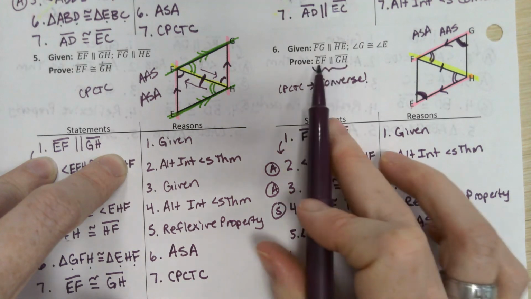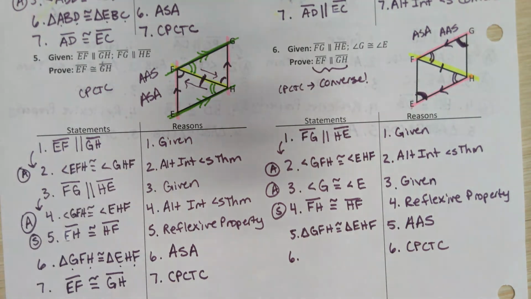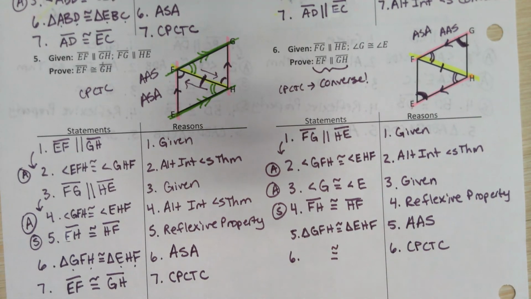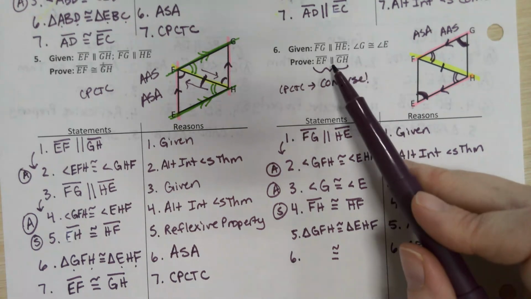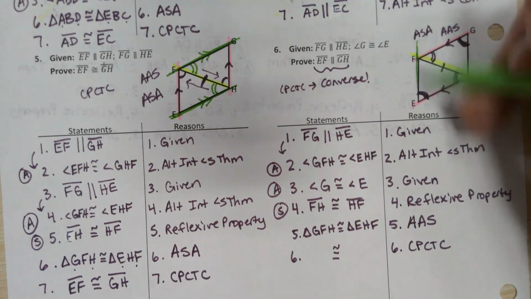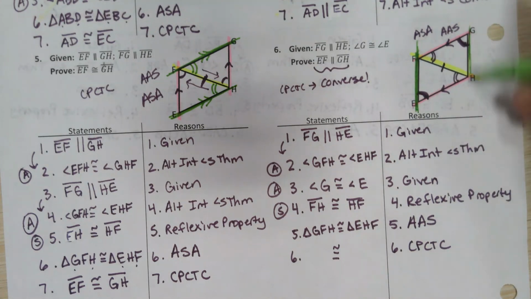And then since I have more to do, I know CPCTC is going to be involved, but that is only going to tell me that things are congruent, not parallel. So I need to think ahead to what would help me to know that EF is parallel to GH.